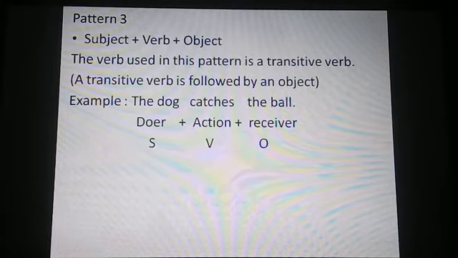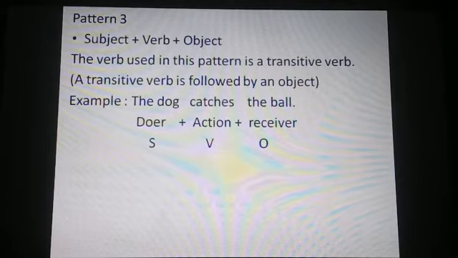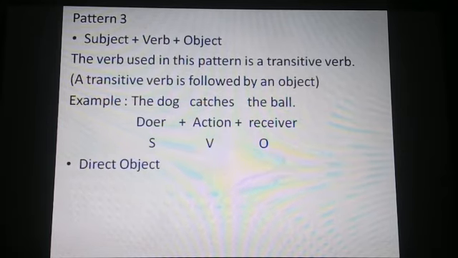That means the dog catches the ball. The ball is caught by the dog. It means there is a receiver or an object in this sentence. The ball is the object, and that object is called a direct object.